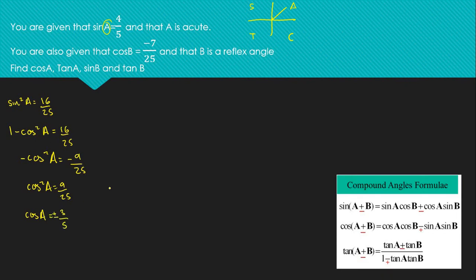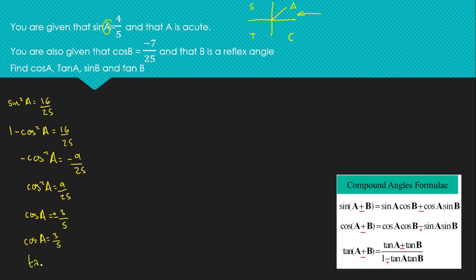But whenever you square root stuff, because you're in A level, you need to figure out whether it's positive or negative. Well, A is acute, and as we said first, the first quadrant means that sine, cos and tan will all be positive, and so cos of A will equal positive 3/5.